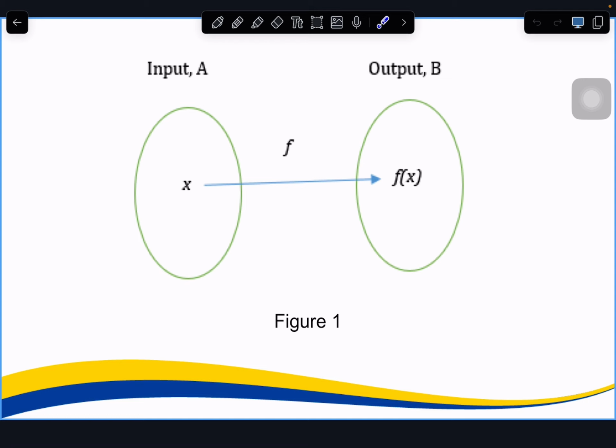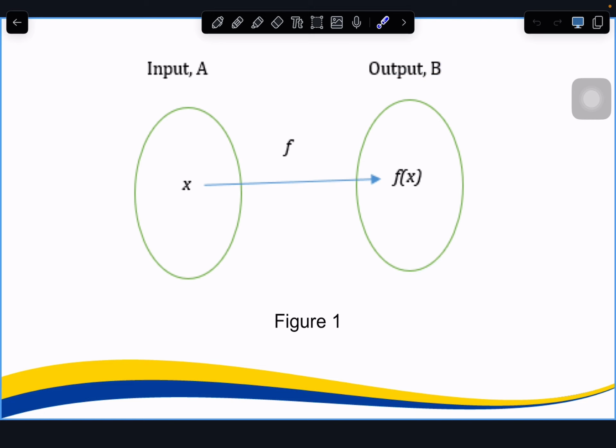This is a function, right? This side we call the input, and obviously this side is the output.